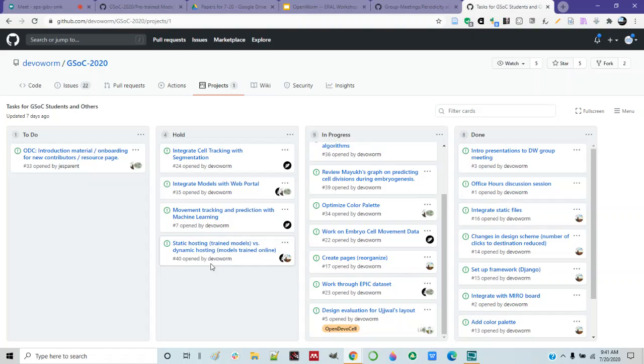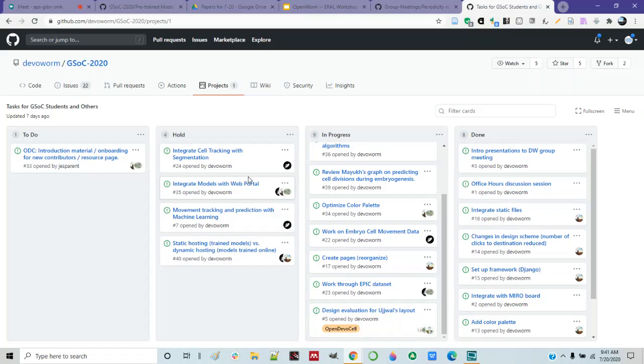And then this one here, number 7, the movement tracking and prediction, that's still on hold. Integrating models with web portal, we were talking about that as well as part of 40, so we'll move that to in progress.